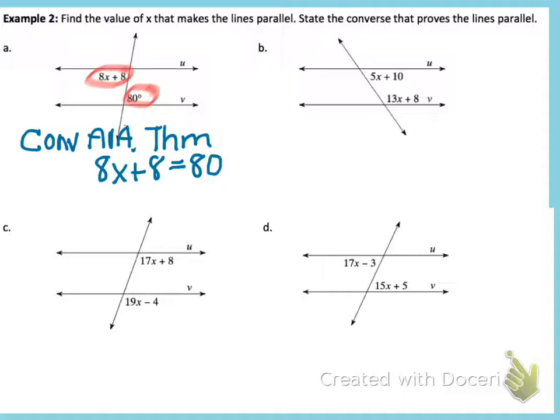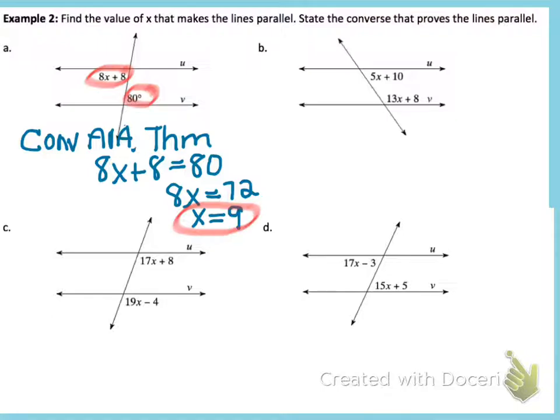And so all I have to do is solve this. I'm going to subtract 8 from both sides. That makes 8x equals 72. Divide by 8, and that means x must be 9. So the value of x that would make the lines parallel would be 9.